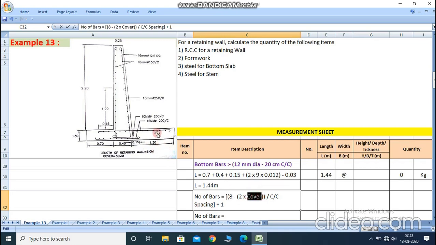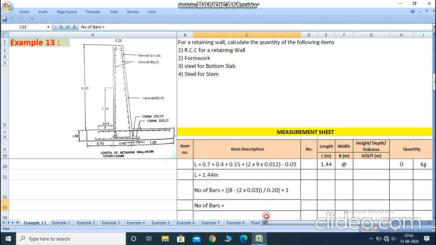At the front side and back side, 2 times cover is provided, 0.03, and the center to center spacing of the bar is 20 centimeter, given in the figure, plus 1. So the number of bars we calculated is 40.7, and we take a round figure of 41 numbers.